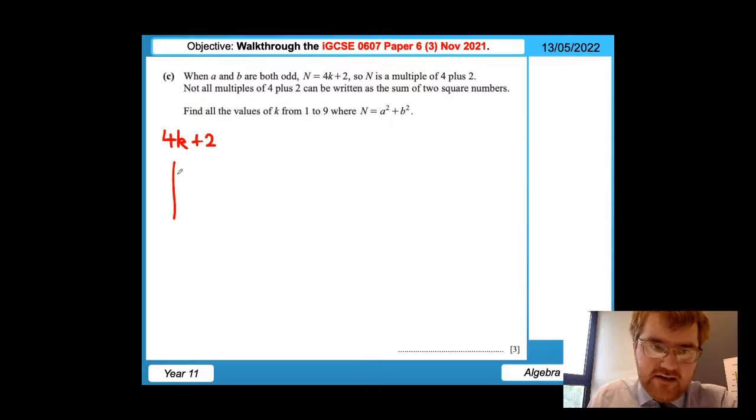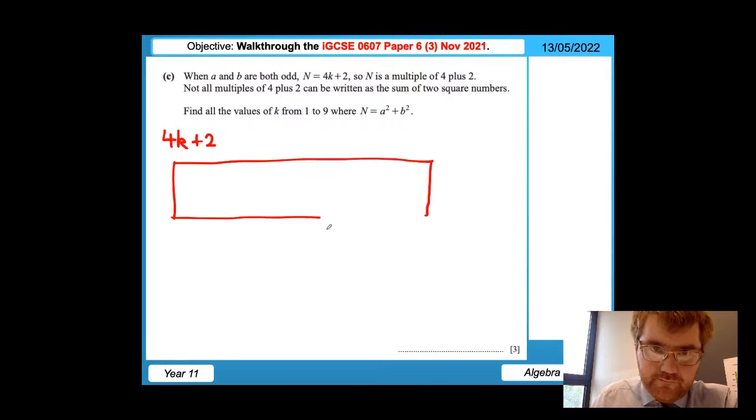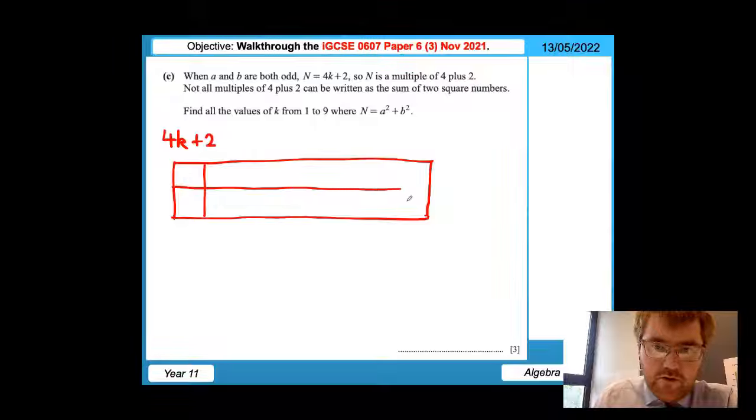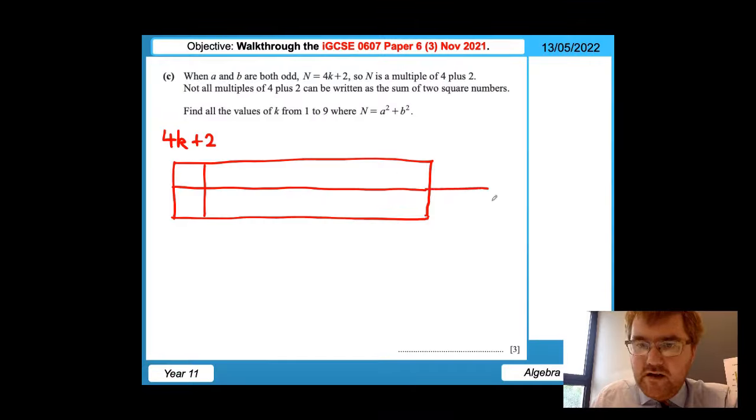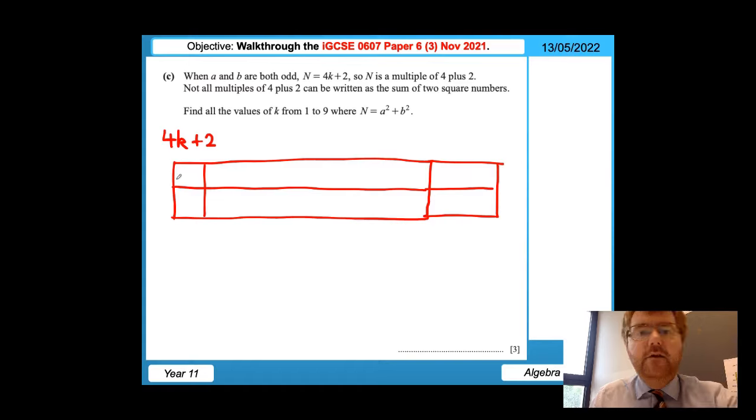So I'm going to do a very nice, neat table here. And what I'll do is we're going to work out what all those numbers are and then see whether any of them work. So we're going to pop in our value k here and then n. Remember, n is equal to 4k plus 2. So we want to go from 1 to 9.